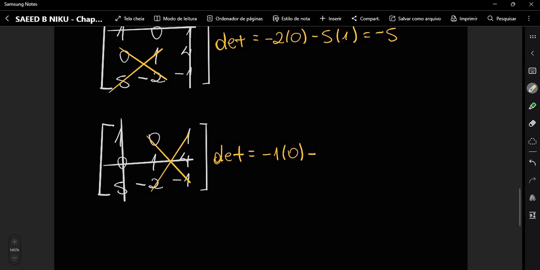Minus 1 times minus 2, which is equal to 2.